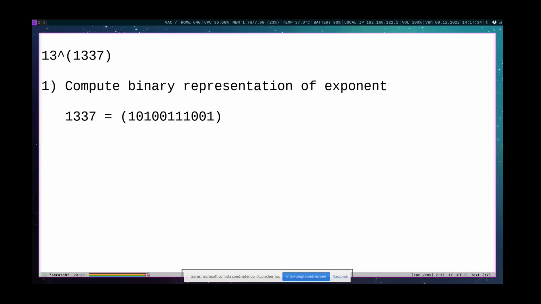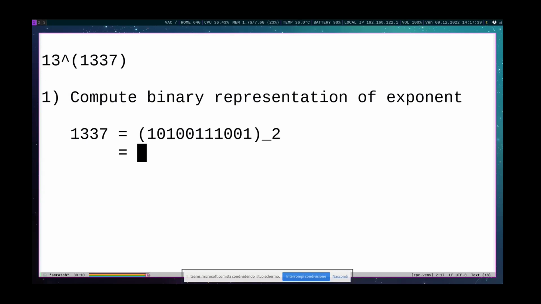Because we will split it into parts. The first is going to be 1 plus 2, 4, 8, 16, 32, 64, 128, 256, 512, 1024.